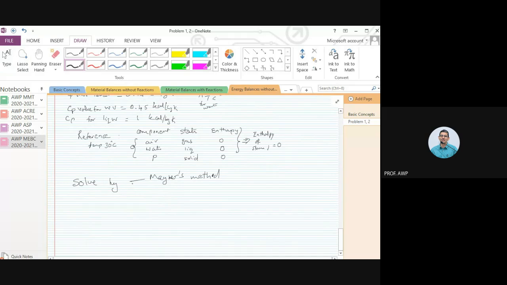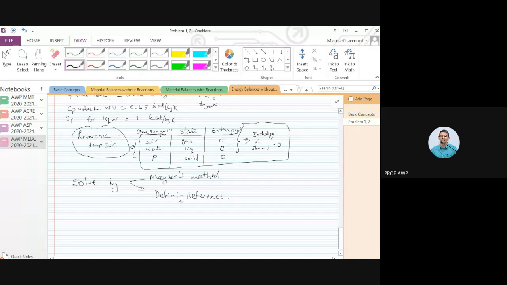So solve by Mayur's method and solve by defining a reference. Just to help you, I have already defined the reference for you, 30 degrees centigrade, and these conditions, component, state. With respect to this reference, you can find the enthalpy of stream number 1, 2, 3, 4.